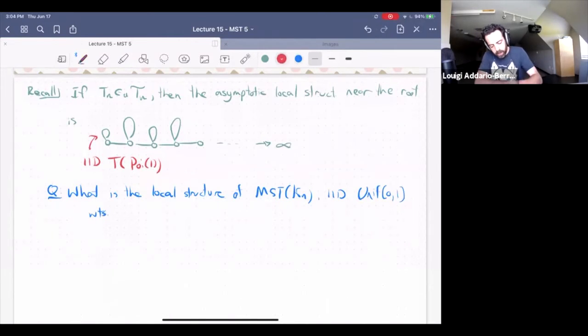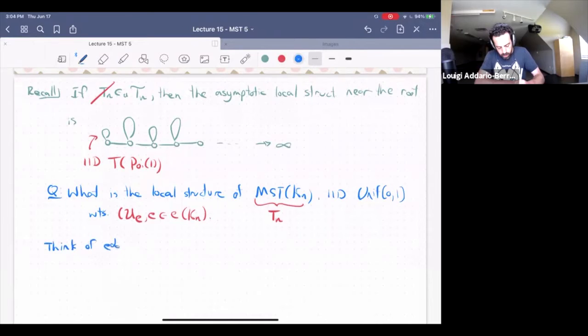Let me actually start using Tn to denote this tree instead of the uniform tree that it was before, and my weights are as usual U_e. Now we'd like to think of the weights on the edges as lengths. But if we do that, we sort of have a problem.